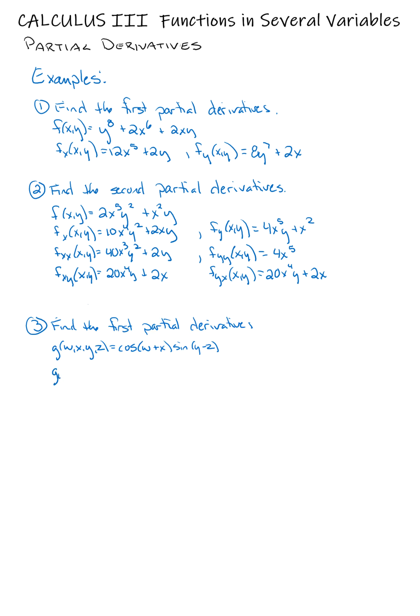Let's start with the first partial with respect to w. Notice the only place I have a w is here in the first one, so I only need to take the derivative of cosine. Well, that's not so bad. The derivative of cosine is negative sine.